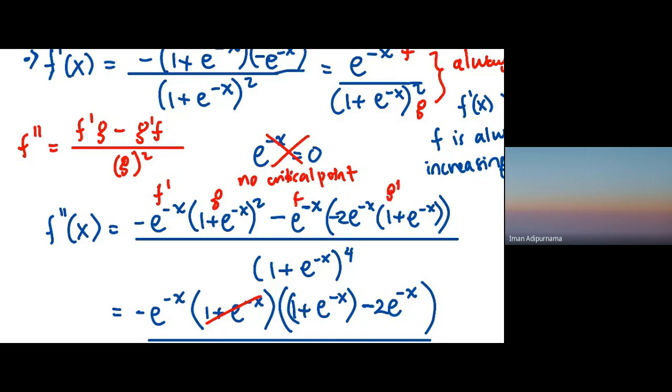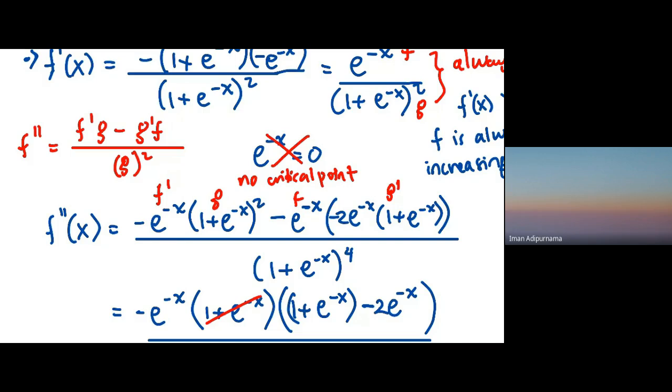So f is just minus e, directly e to the negative x. And then g prime is from this part here. If you want to derive this, 2 goes to the front, right? And we multiply with the chain rule. This part derived, negative e to the negative x.